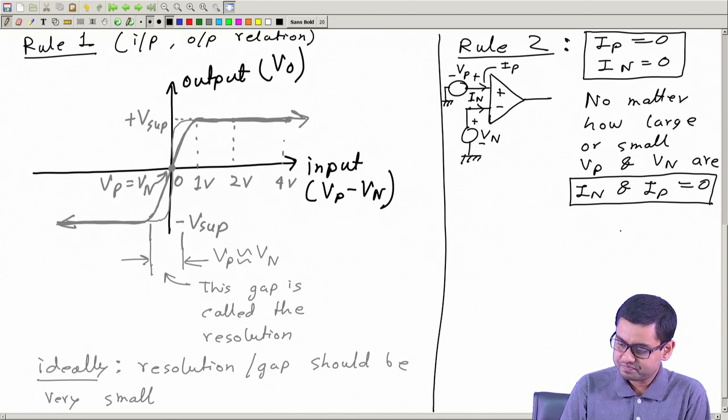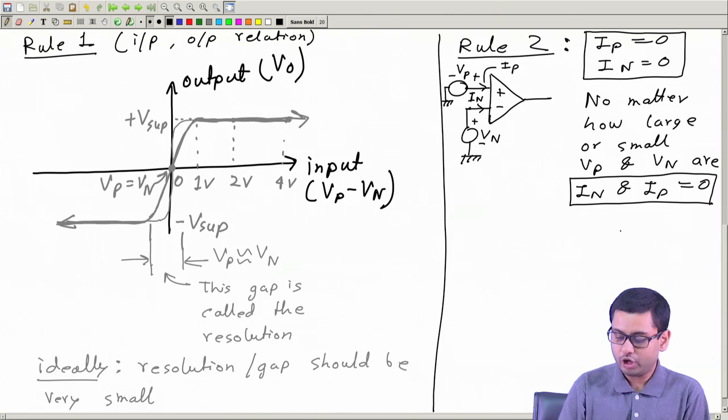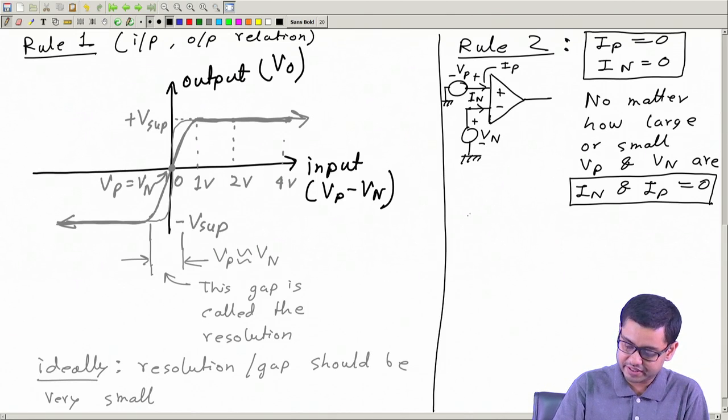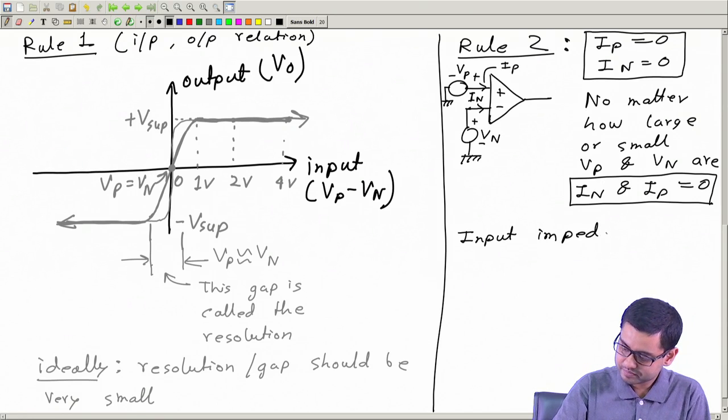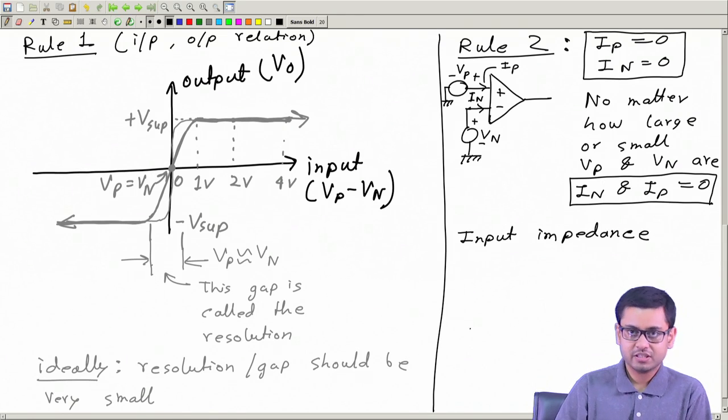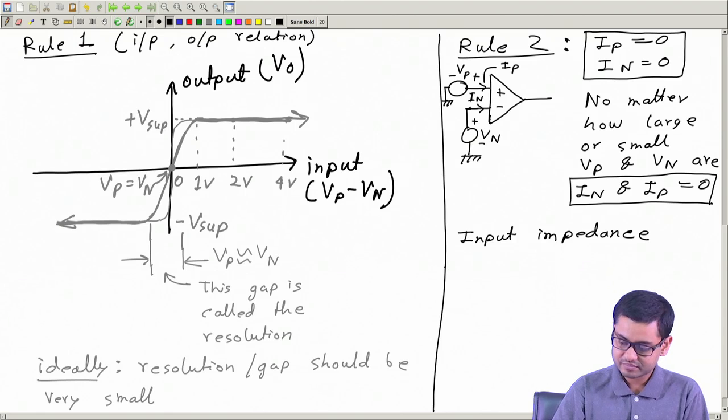Okay, so this is rule 2. We also call this by saying that the input impedance or resistance of the op amp is equal to infinite. What is input impedance?